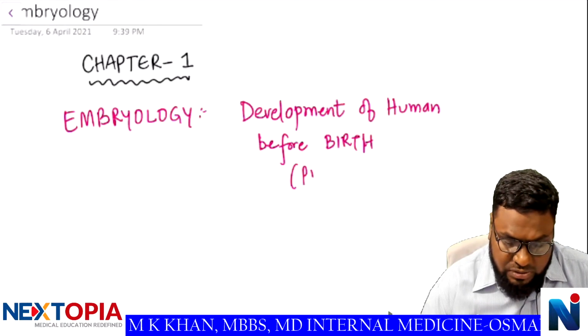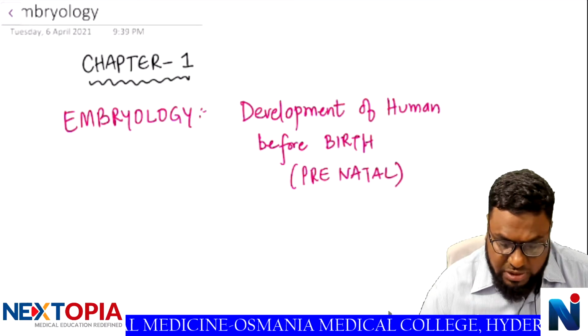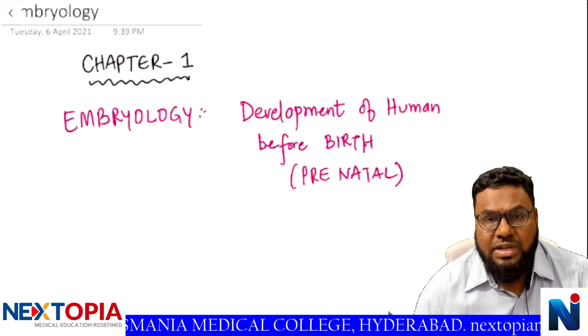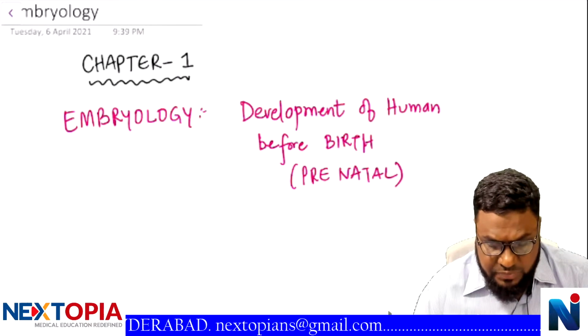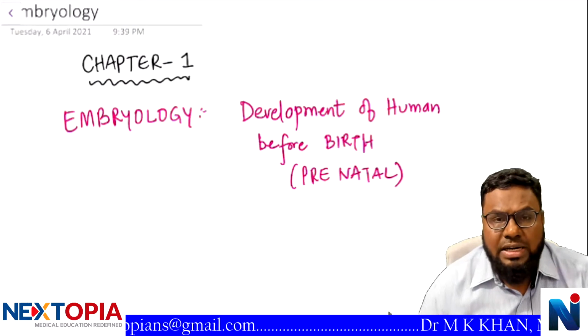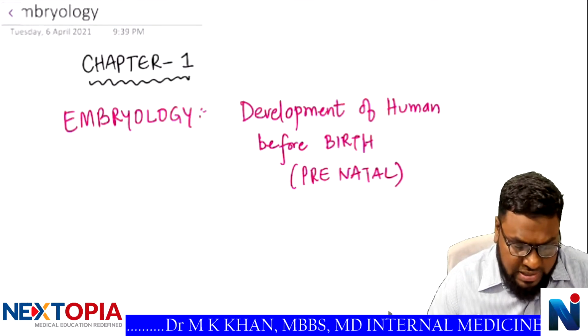Before birth, I can also call it prenatal. So by this, you know what is postnatal. The postnatal is after birth, is it not? So this is the definition of embryology. Now let us try to understand what is the structure you are calling an embryo. What is an embryo?